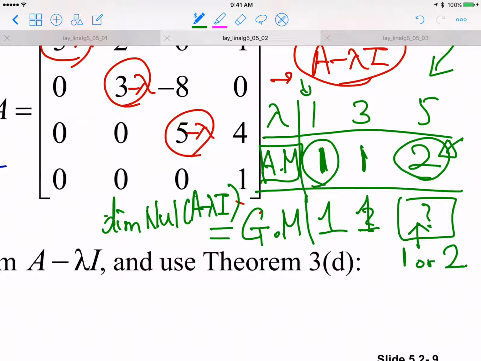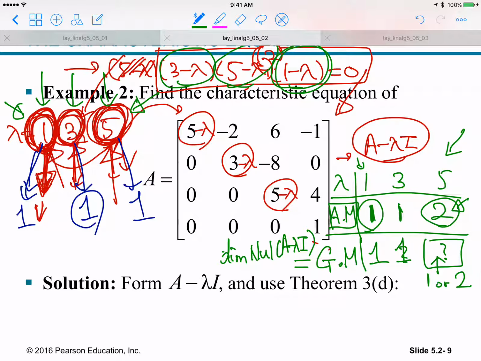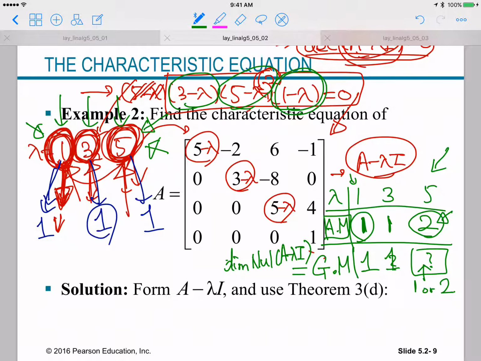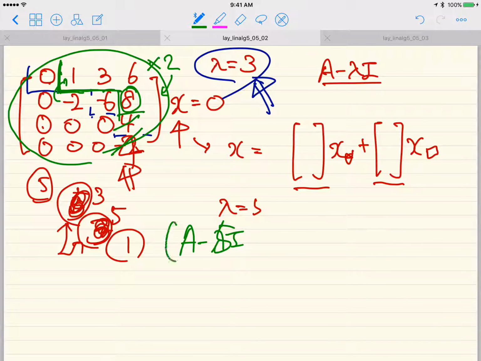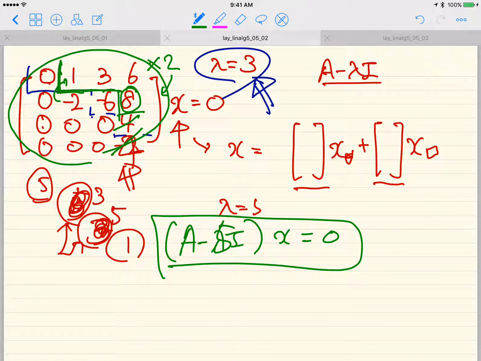But anyway, let's try to understand this a little more intuitively in terms of the number of free variables. Initially, the solution 5 had 2 as algebraic multiplicity, and it means when solving this equation, A minus 5I times x equals 0, this will have at least one free variable, but at most 2 free variables.